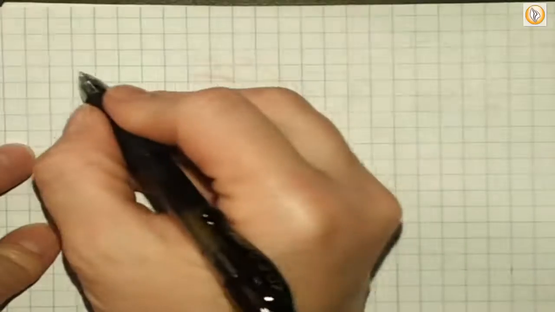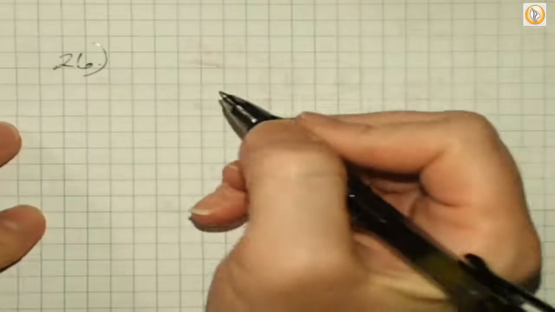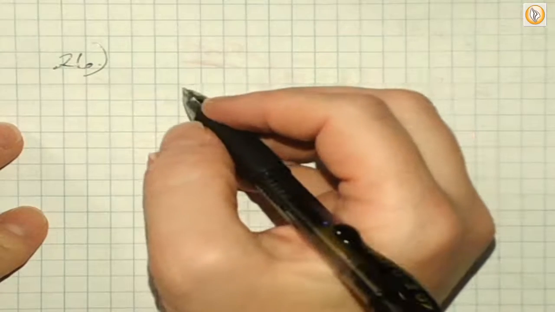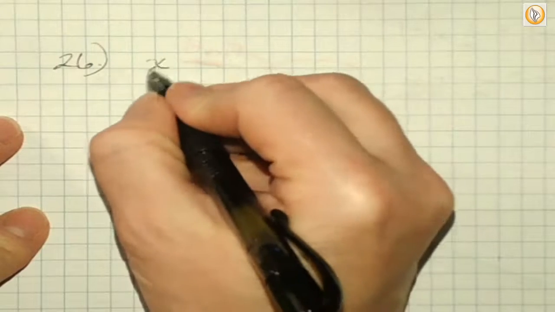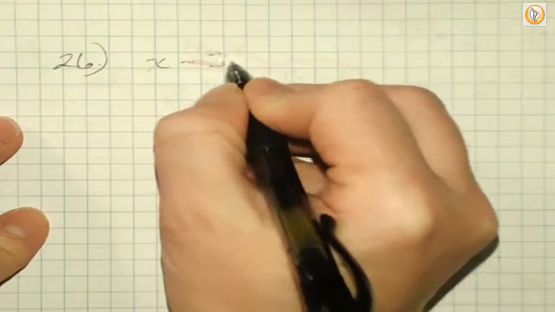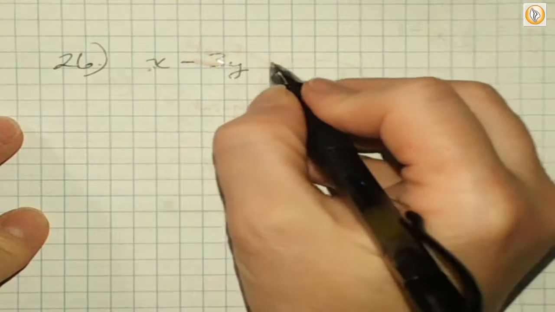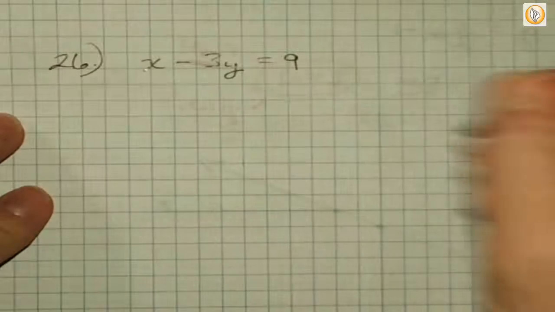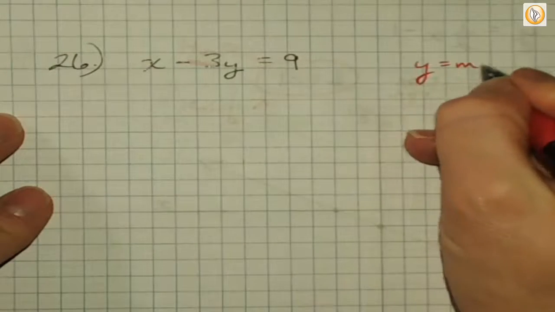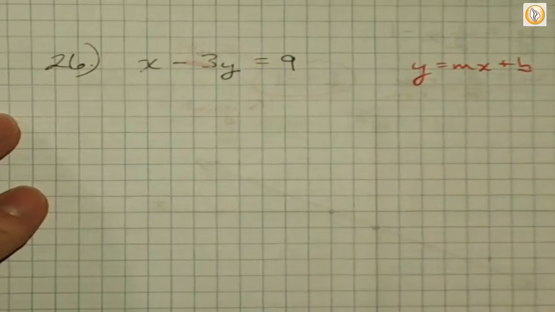Okay. Natalia, number 26. Okay, so first, 26. It's x minus 3y equals 9. Oh, no. It is not in y equals mx plus b format, is it?